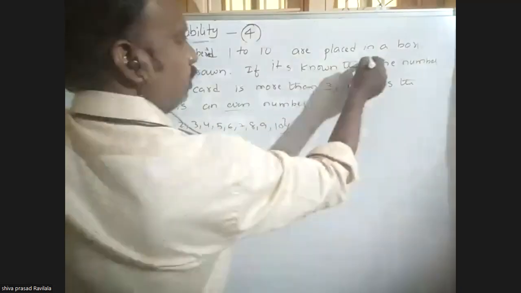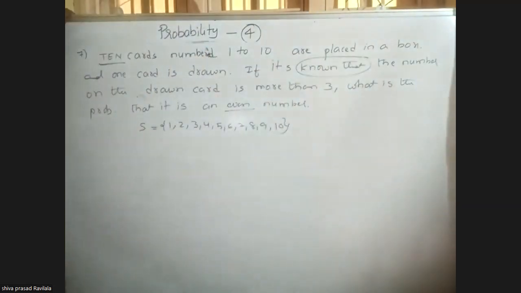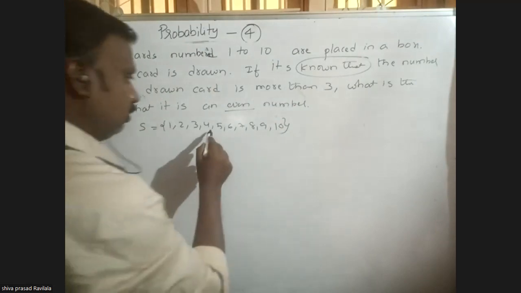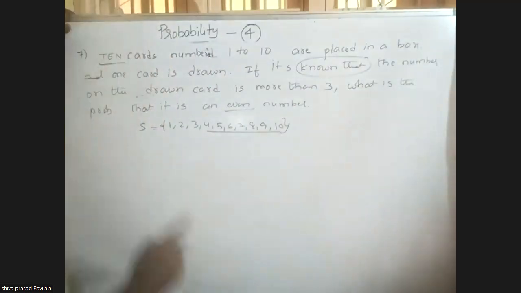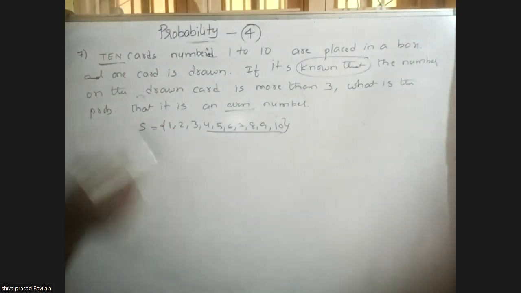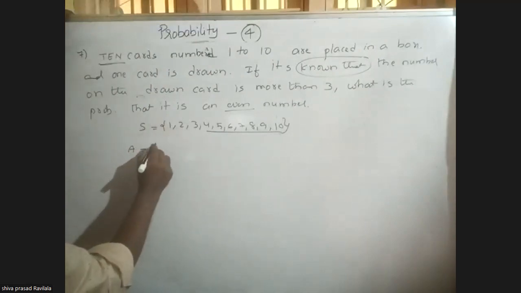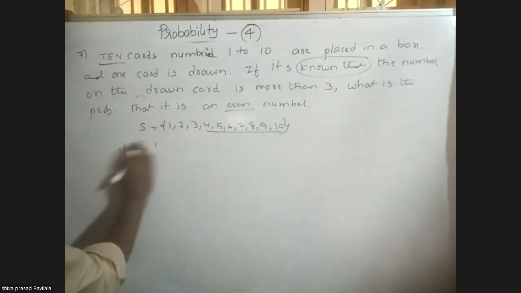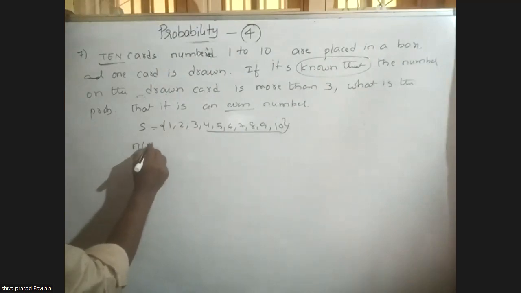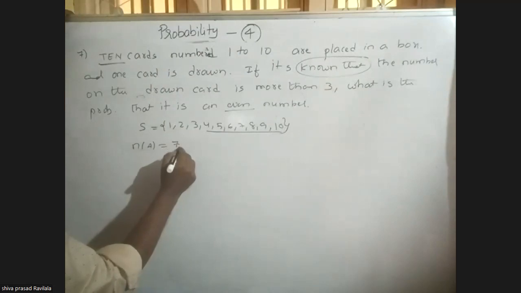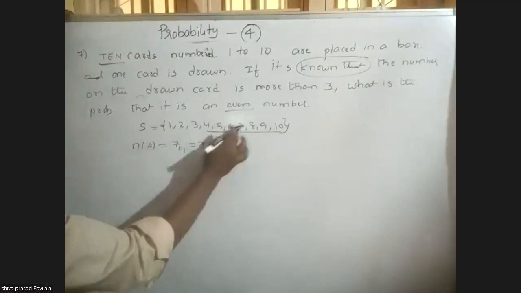It is known that the number on the drawn card is more than 3. More than 3 means n(S) in this condition is 7. Out of these 7, you select the number that is an even number. How many even numbers? n(A) is equal to 4: 4, 6, 8, 10.